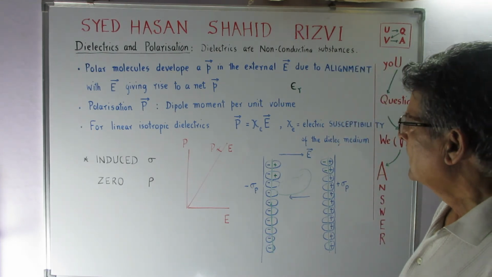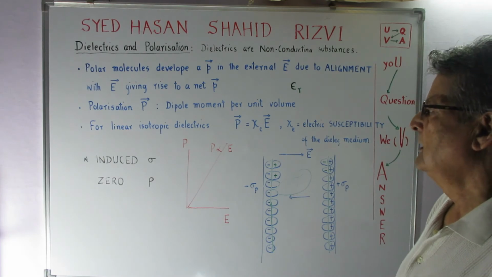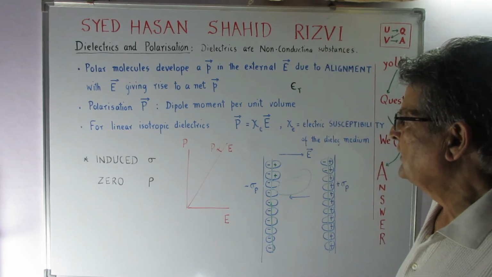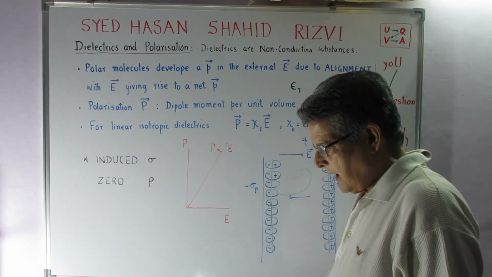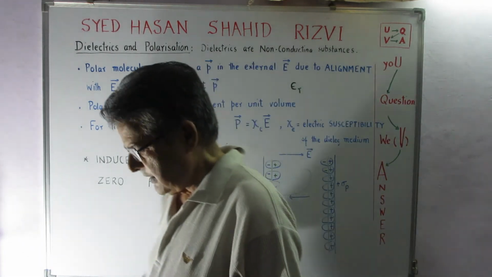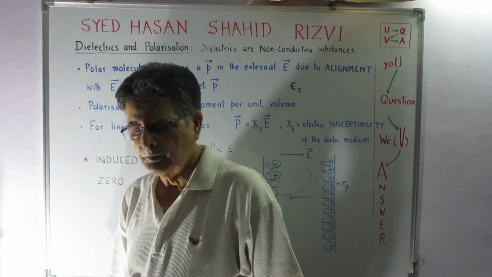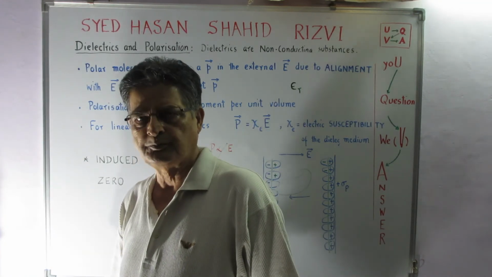This epsilon r is related to many things, and water has a very high epsilon r value, about 81.